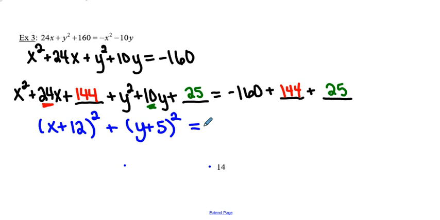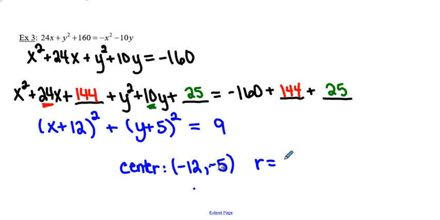When I get my calculator out and do some number crunching here, I find that those will combine to make a 9. And all of a sudden, I have now made sense out of chaos. I can now tell very clearly from looking at the problem that this circle has a center located at the point -12, -5, and whose radius length is 3.